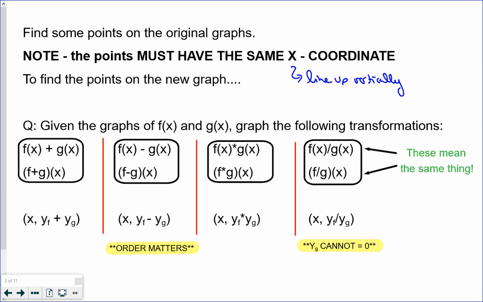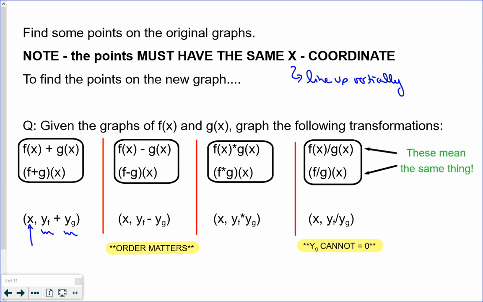And remember, f of x and g of x are just like saying the letter y. So for example, if I gave you f of x plus g of x, then the way you find all the points is you take that x-coordinate that you found, and then you add the two y-coordinates, one on each graph, and then plot that new point, and that gives you your new graph.